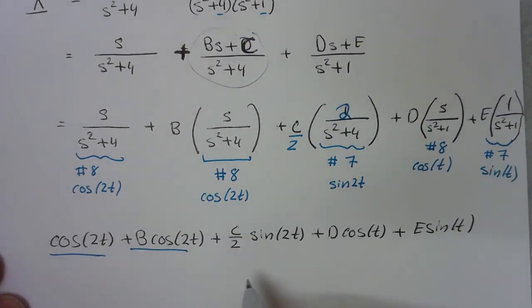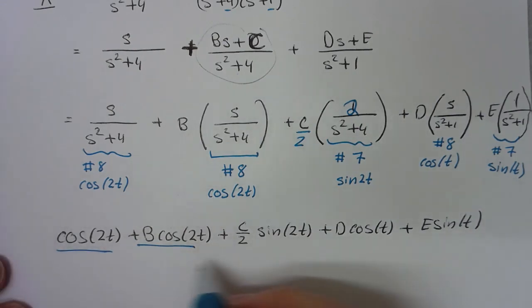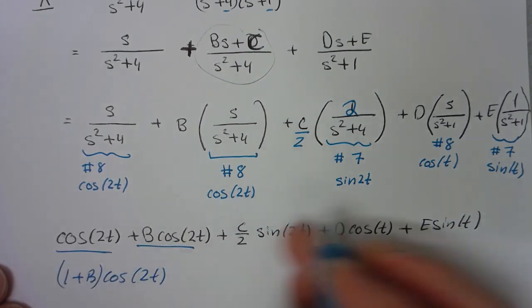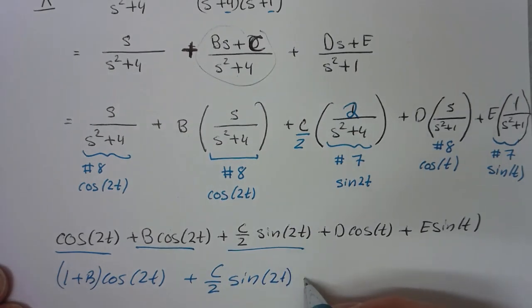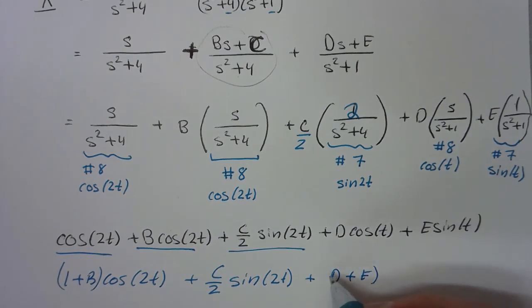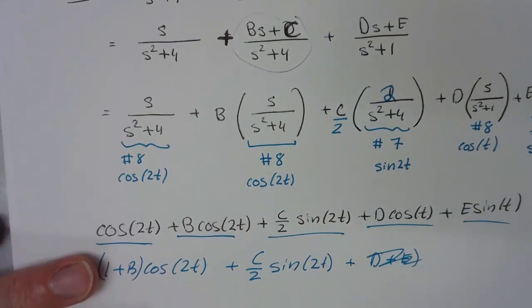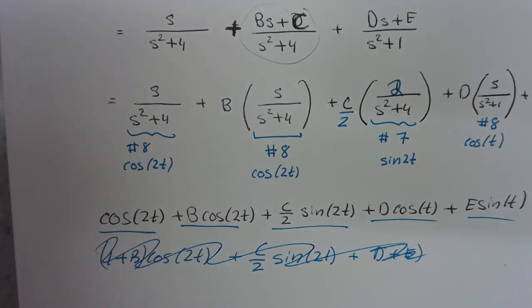The cosine 2t terms combine, so 1 plus B is just some number, so it's 1 plus B cosine of 2t, and I have a sine. Oops, those are separate. Anyway, I'm thinking that I might have you stop at this point.